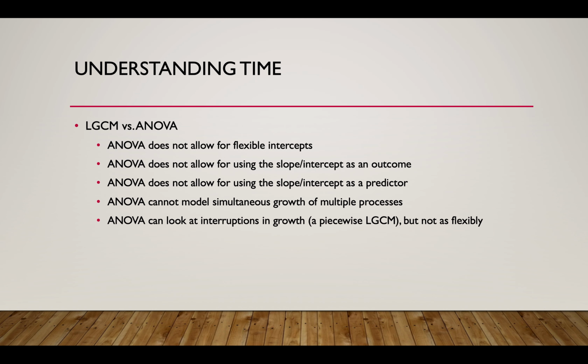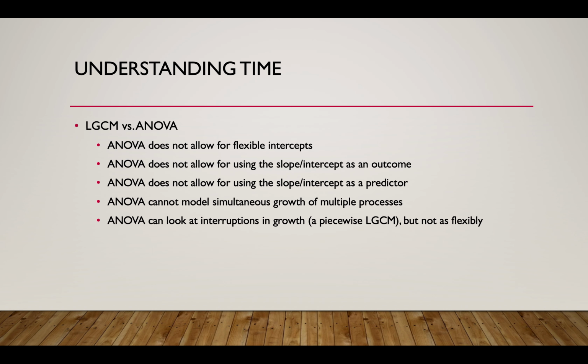The homework this week, we're actually not going to go over that type of model in class. I want to stretch your legs, so to speak, and see if you can come up with this on your own. ANOVAs also can't model simultaneous growth of two different processes. That's what your homework is going to be doing, looking at simultaneous growth. It's called a dual process growth model.